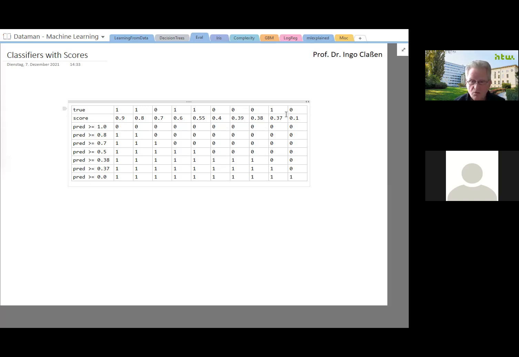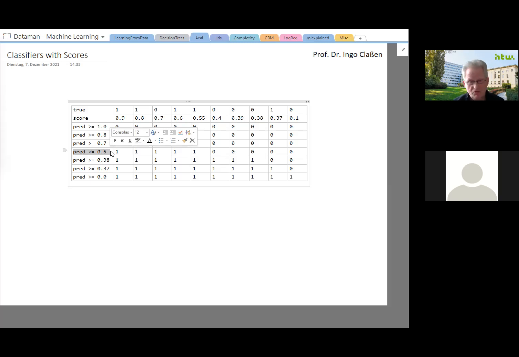So having these scores, how do we turn it into a classifier? The way we would do it is we decide on some kind of threshold value for our scores, until which we say it's a 1 or it's a 0. So let's take this threshold here of 50%.